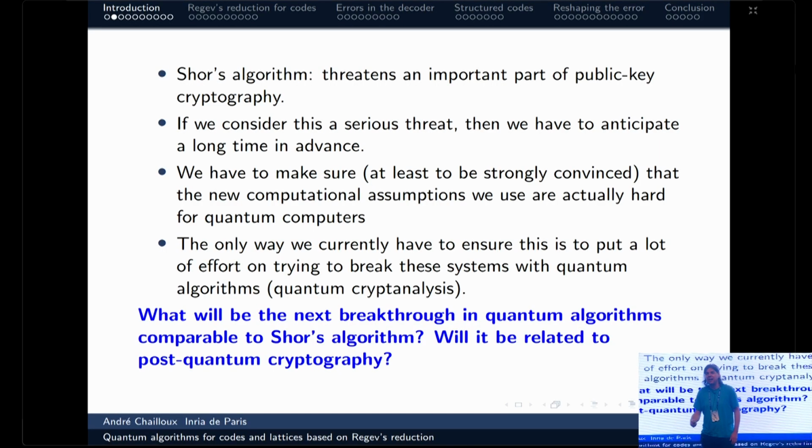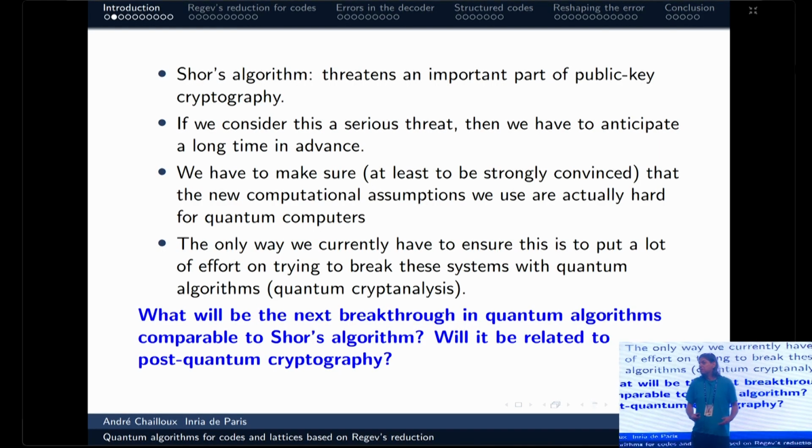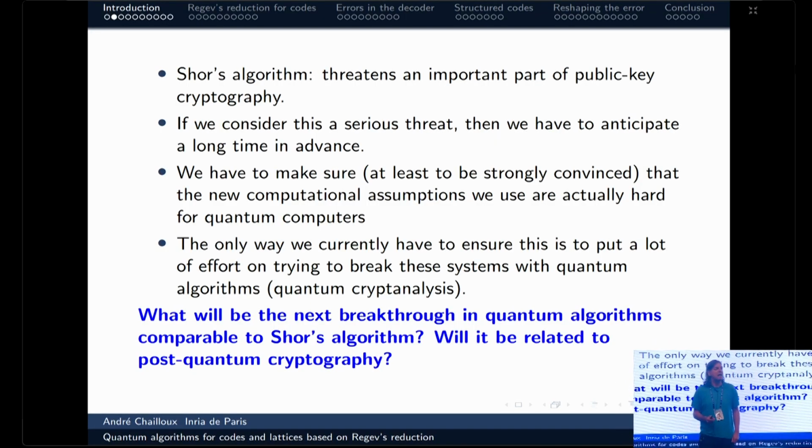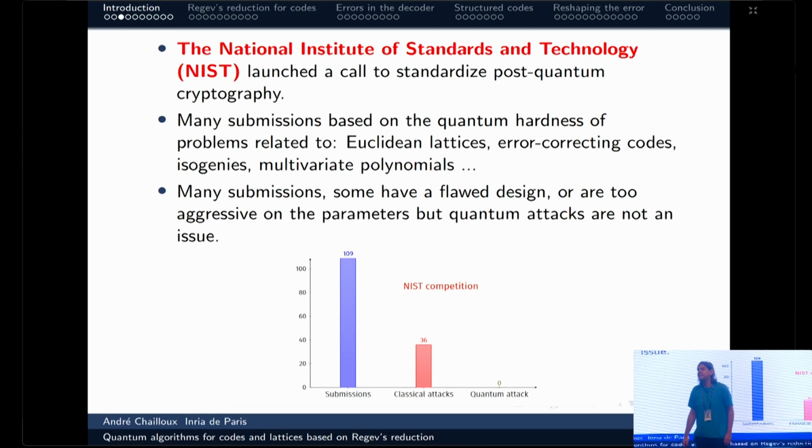Knowing that there will likely be some breakthroughs in quantum algorithms, the question is whether these breakthroughs will directly attack the new computational problems used in post-quantum crypto. That's one of the questions. Let's see how we're doing now.